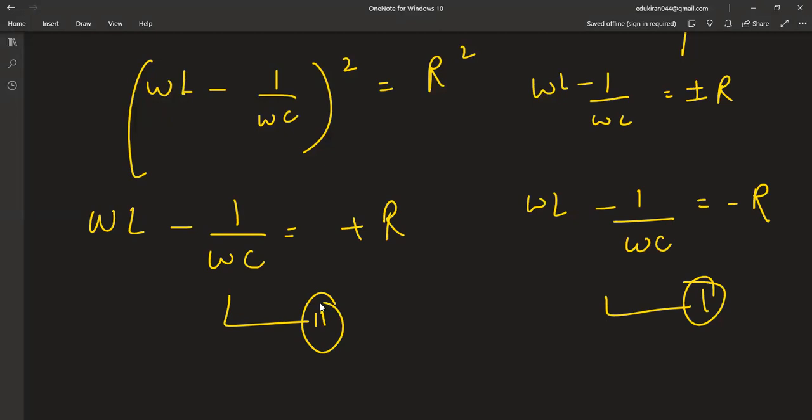Clear? Now, the two frequencies, I'll write it here. This is omega 1, this is omega 2. I didn't write it first because it would have been very confusing. Till these two equations, it's clear.